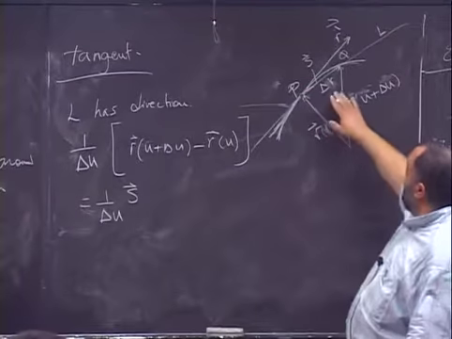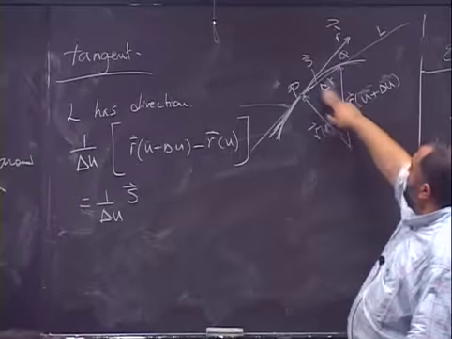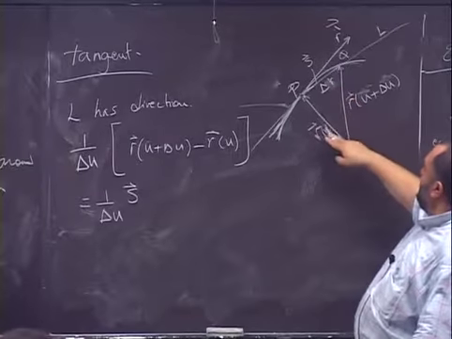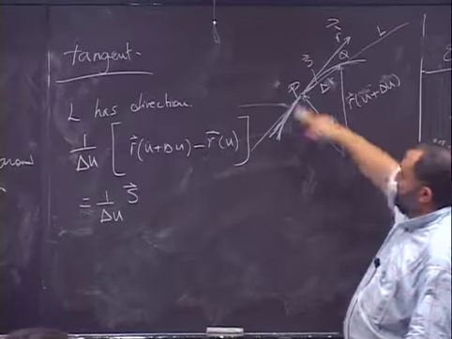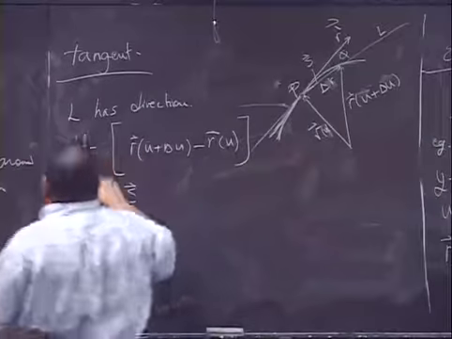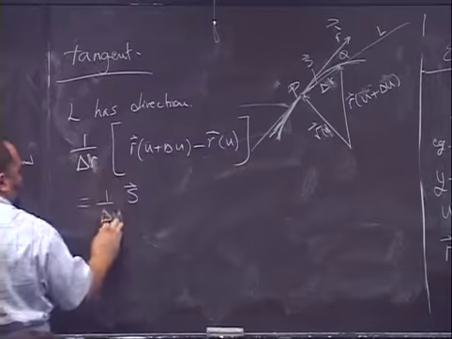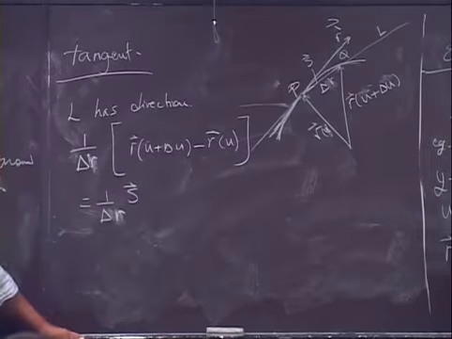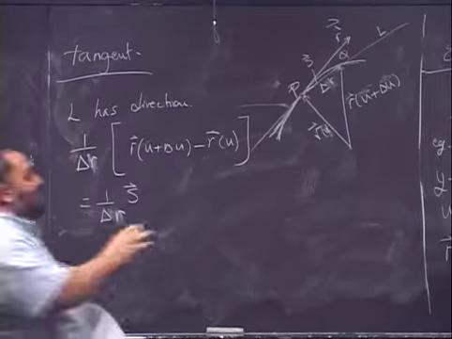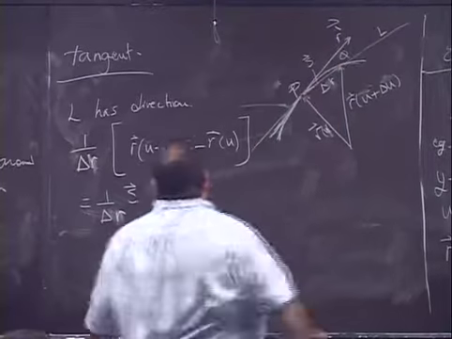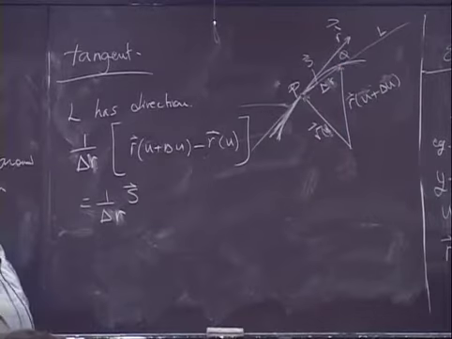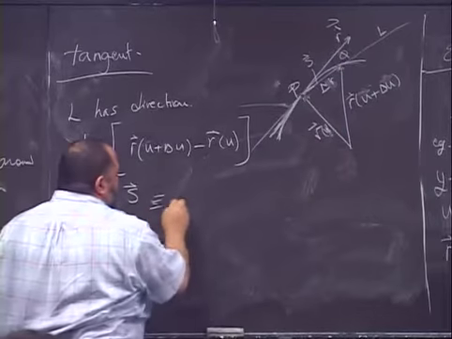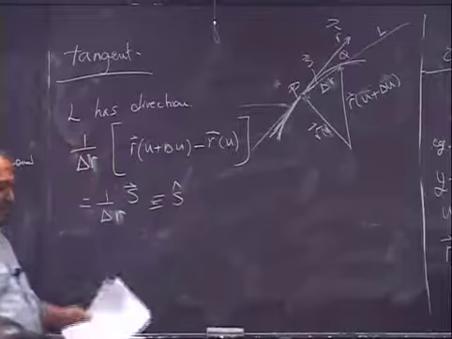If you divide it by delta r, the amplitude of S, this will give you what? A unit vector, which will be S hat or something like this.